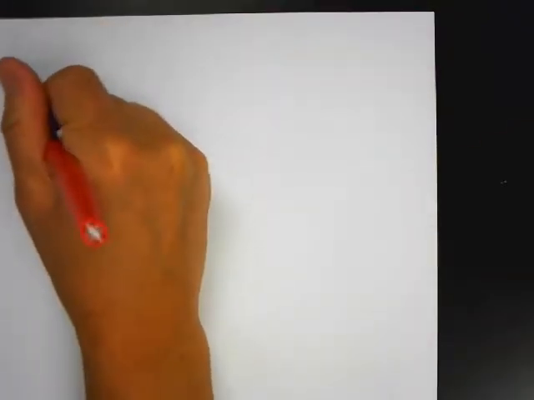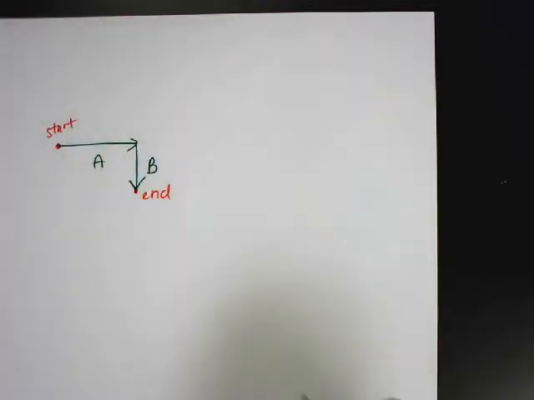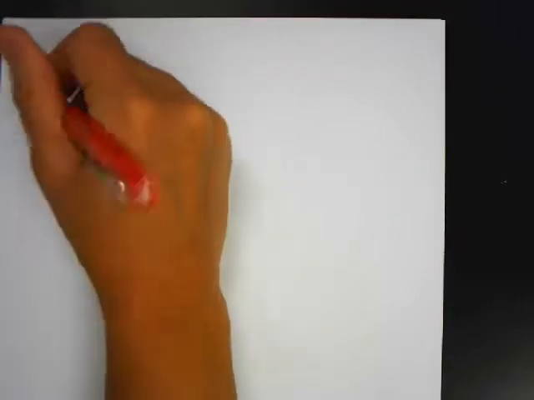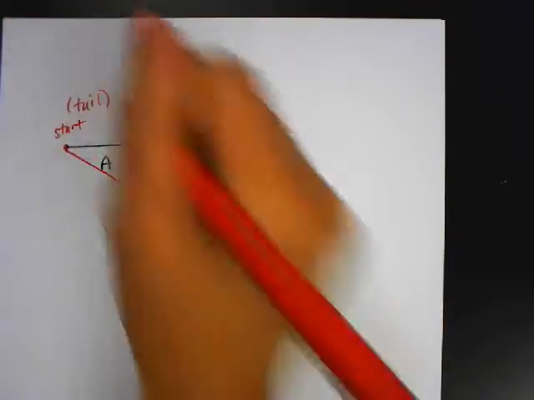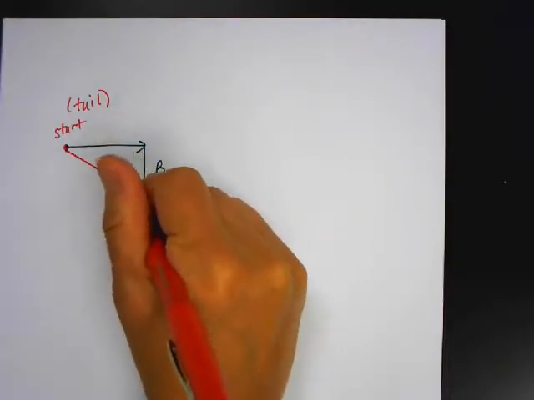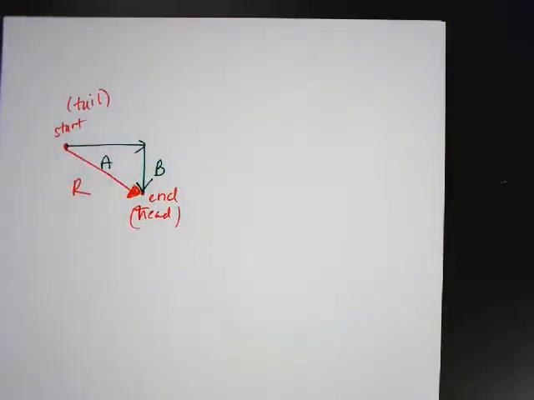Then from where I start to where I end up, I draw my line. Where I start is the tail of the resultant, and where I end up is the head of the resultant. And this is my resultant magnitude and direction.